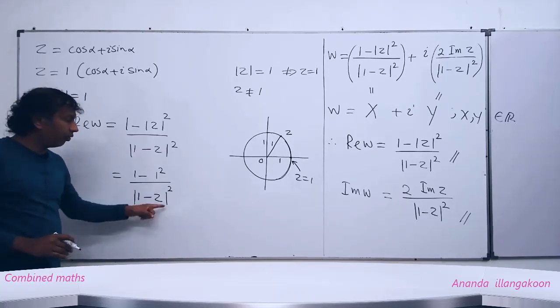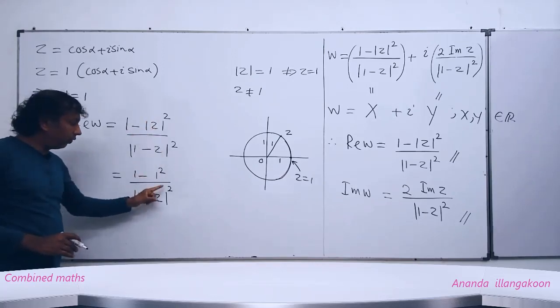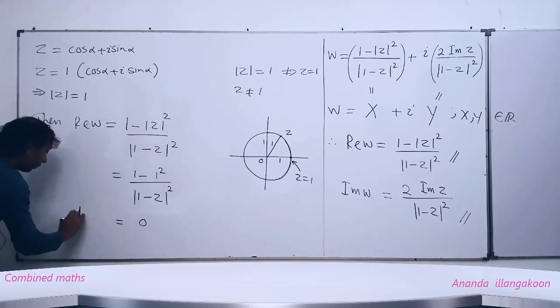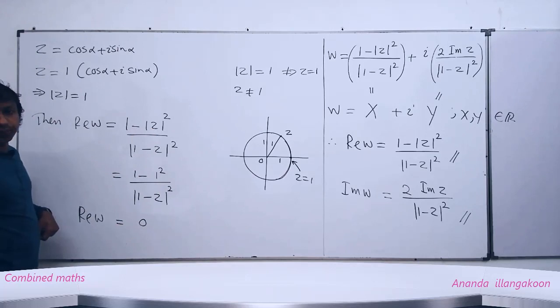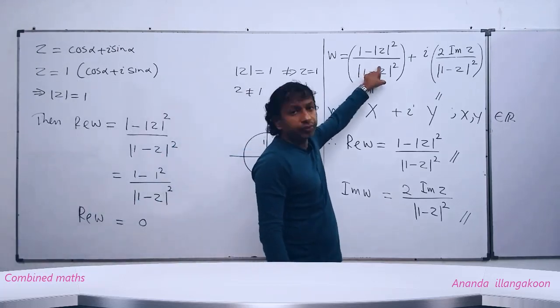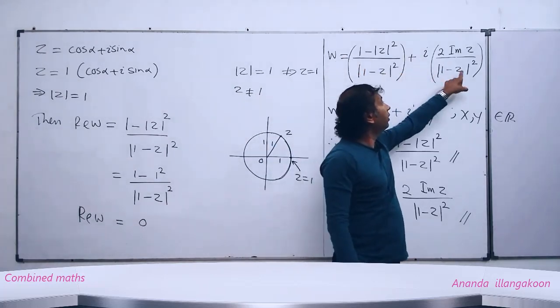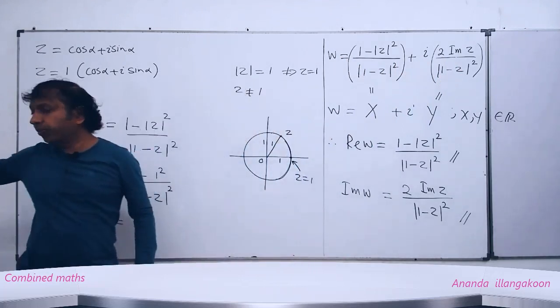Then this is meaningful. Mod z is 1, 1 squared is 1, 1 minus 1 is 0, and the denominator is never 0, then this is 0. That says what? Real part of W is 0. Then we have this part 0. Then what is W? Equals i times this. Understand? Right. Then we can write W as a complex number.